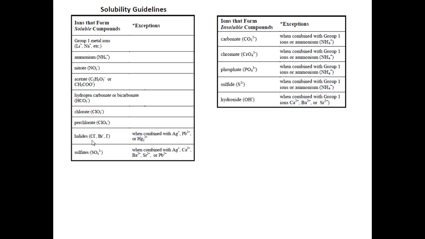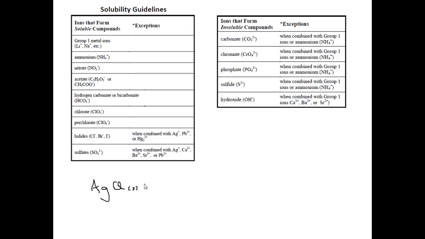The halides, not fluorine, but chlorine, bromine, and iodine will always be soluble unless it's with silver, lead, or mercury. So if you have a compound that's silver chloride, that's going to be insoluble.